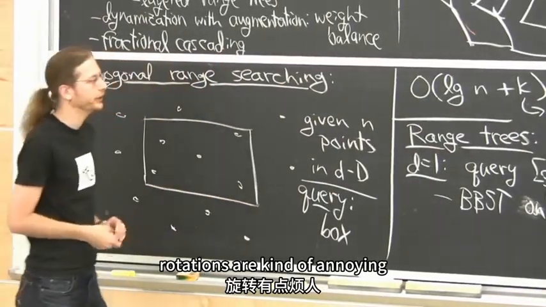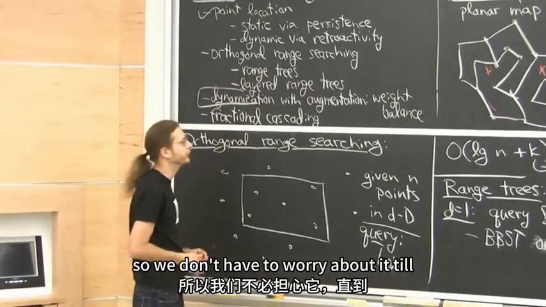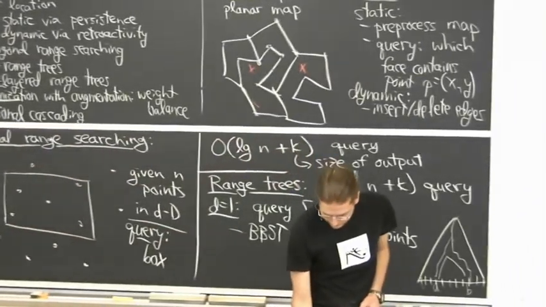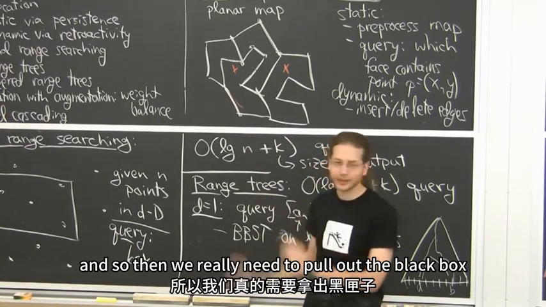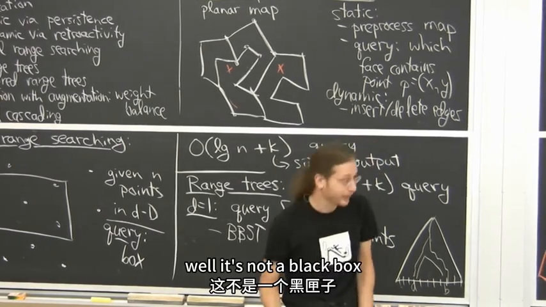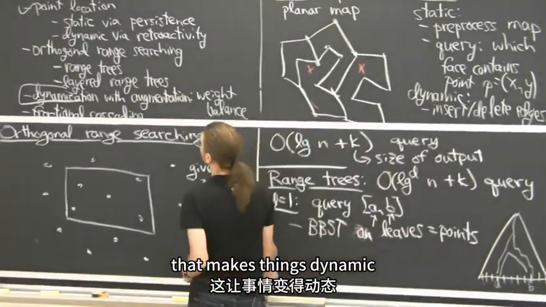Rotations are kind of annoying. And we can solve it using this dynamization trick, so we don't have to worry about it till we get there. It's going to get even harder to make things dynamic, and so then we really need to pull out the black box. Well, it's not a black box. We're going to see how it works, but it's a general transformation that makes things dynamic.